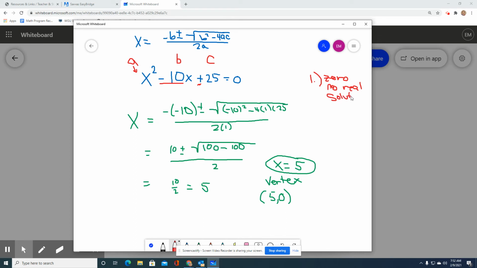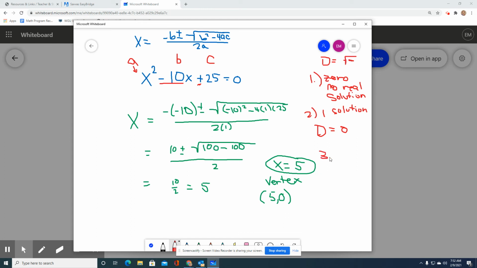In this case, we ended up with one solution, which means the discriminant was equal to 0. And I'm going to use big D for discriminant. Big D is equal to the square root of a negative number.